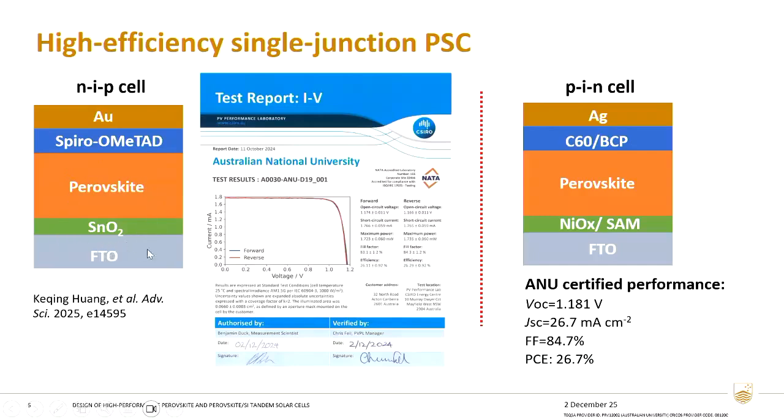Then we have the hole transport material based on organic materials called spiro-OMeTAD. Of course, we have other alternatives like PTAA and some others that are also efficient and stable. The perovskite material is sandwiched between the two materials, and the light is illuminated from the bottom, from the FTO side. So that's a single junction NIP perovskite solar cell.